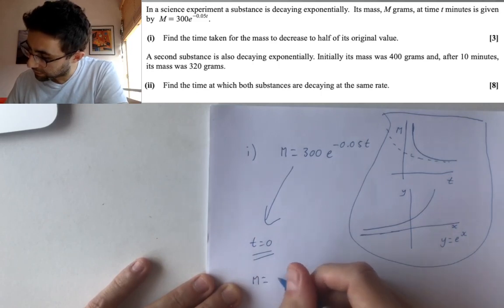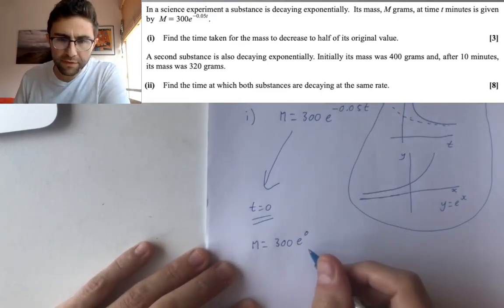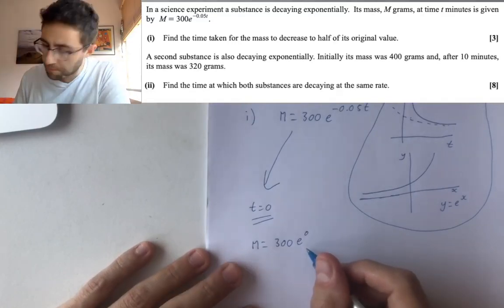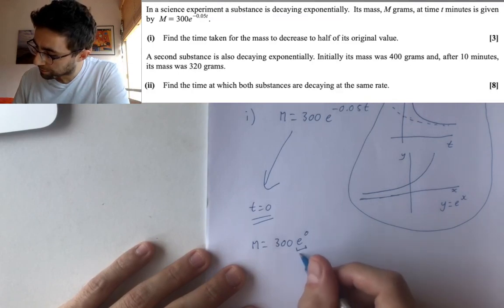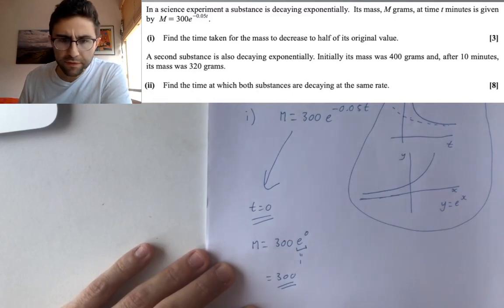At t equals 0, you've got 300 e to the 0. E to the 0, his maiden name was 1. Anything to the power of 0 is 1. So the starting value was just 300.